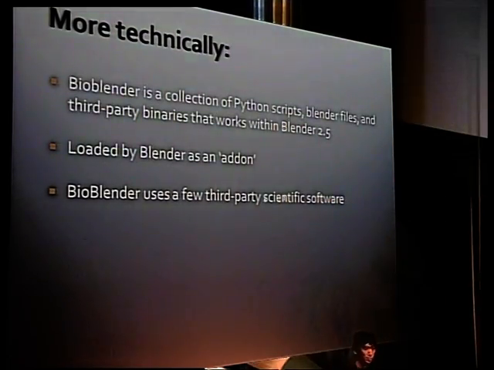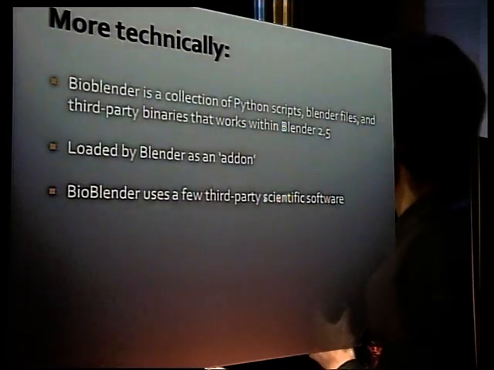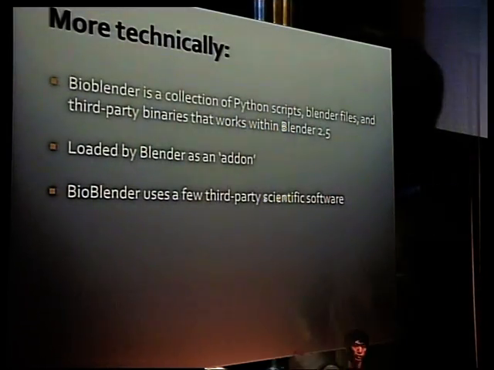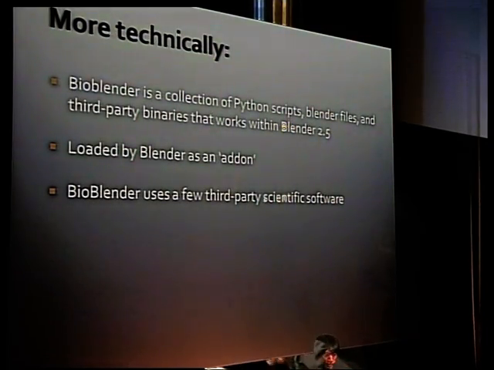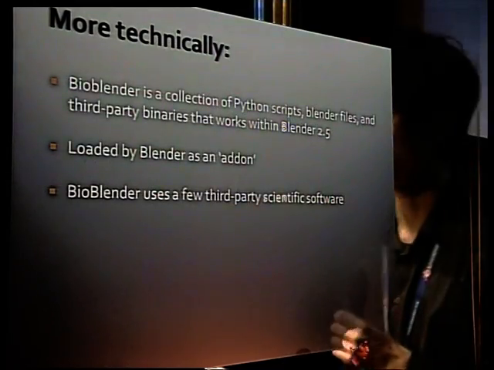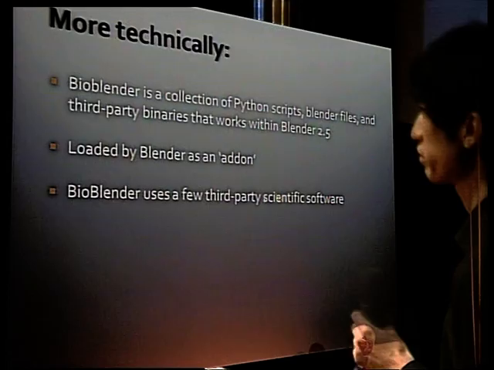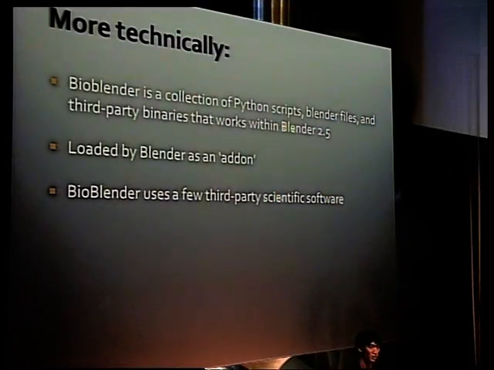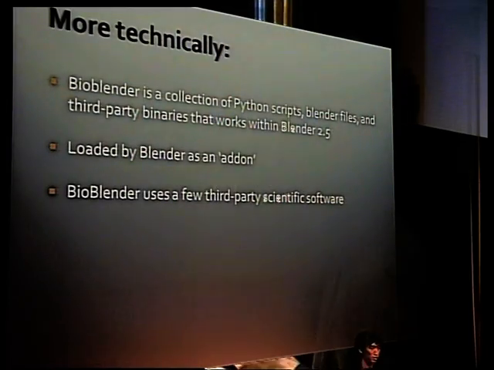More technically, BioBlender is a collection of Python scripts that runs within Blender 2.5. It's loaded as an add-on, and because we are still limited in how much science we can do from within Python, some of the more specialized features are called as third-party plugins.